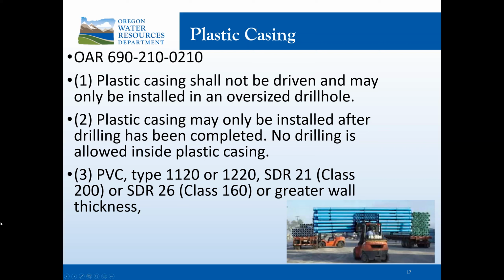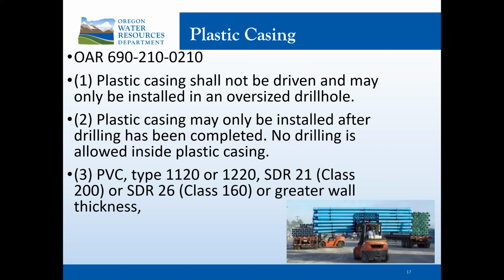Requirements of the PVC casing is that it has to be type 1120 or 1220, SDR 21 or 26, and meet those specs or be greater in sidewall thickness. And then again, when we're looking at plastic casing, there's also depth limitations on that casing.